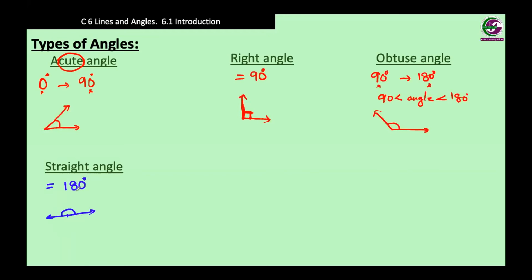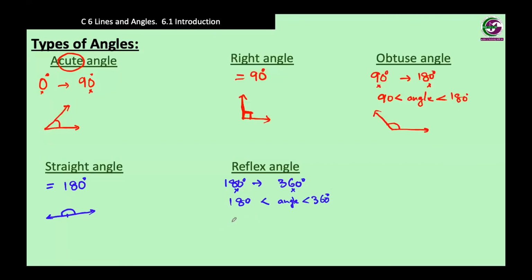And the next number is from 181, and that is called a reflex angle. So it will be from 180 to 360 degrees. These two numbers are not taken. So we can say 180 is less than the angle and the angle is less than 360 degrees. How does it look?